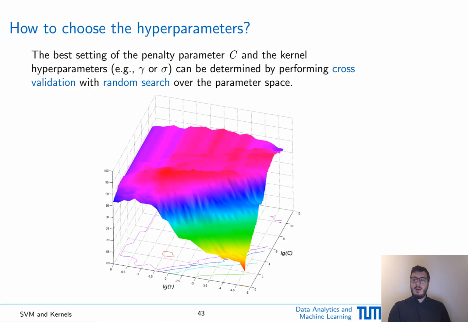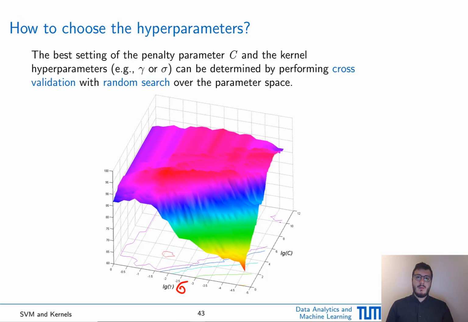For example, we might care about how to choose this penalty parameter c, which we had in the dual formulation, or we might care about how we choose the value of sigma or some other hyperparameter, depending on how our kernel looks like. So we evaluate the performance on the validation set for all of these combinations of hyperparameters, and then we simply choose the one that performs the best, the one which gives us highest accuracy.